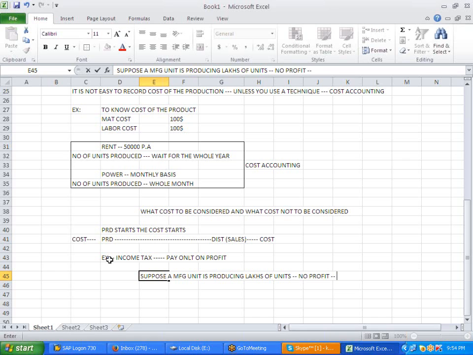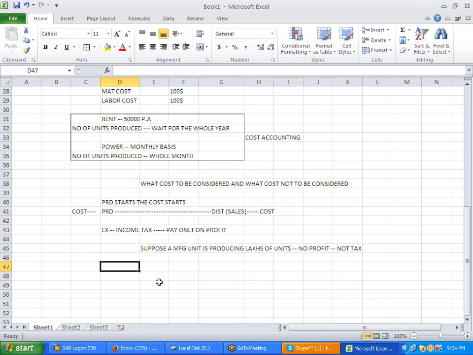Sure, no tax. So this tax is nowhere relevant to my production. Whatever you do, taxes are applicable, but it is not directly linked to that.